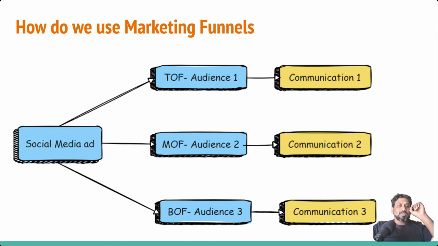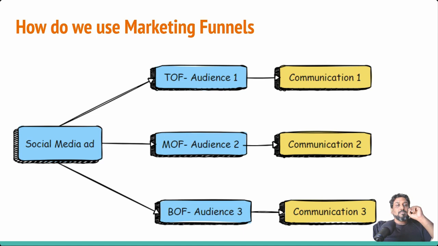That will be communication number 2, because here audience 2 is still at the discovery stage of which SUV is the best solution for their family needs. So communication 2 will talk about the best options available in the market and why a specific option might be better compared to other choices.